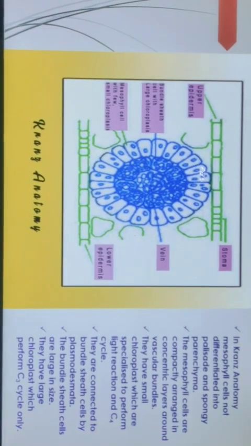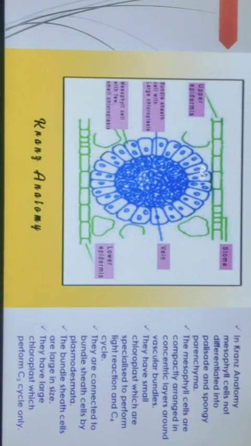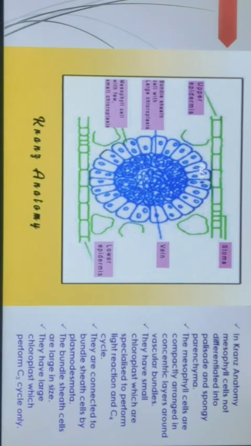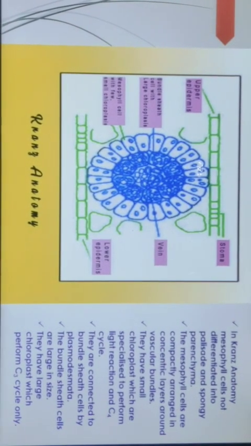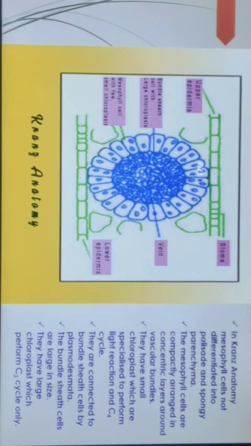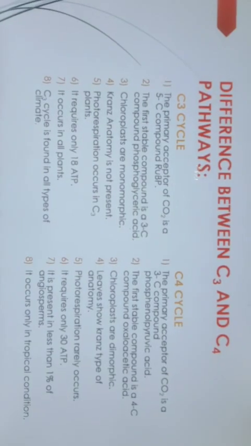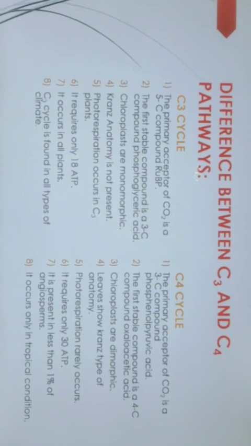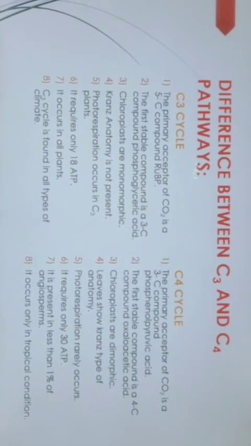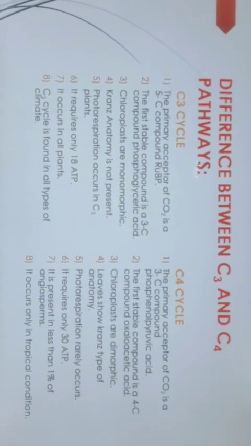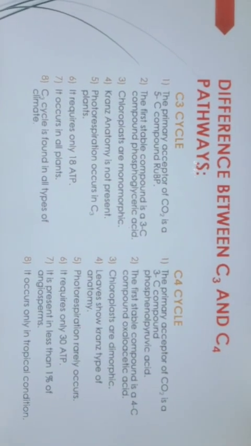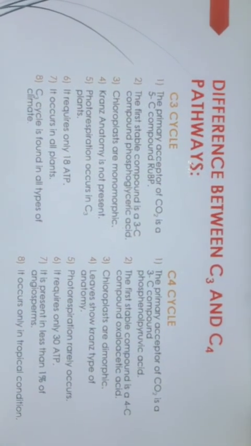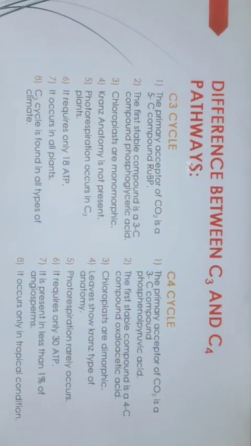So this is the identification of the C4 plants in which bundle sheath cells are arranged in a wreath-like manner. So after studying C3 and C4 cycle, let's learn the difference between the C4 and C3 pathways. So what is the difference between the C3 cycle pathway and C4 pathway?